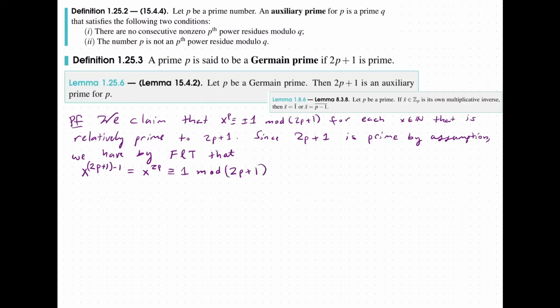But that's the same as saying x to the P times x to the P is congruent to 1 mod 2P plus 1.